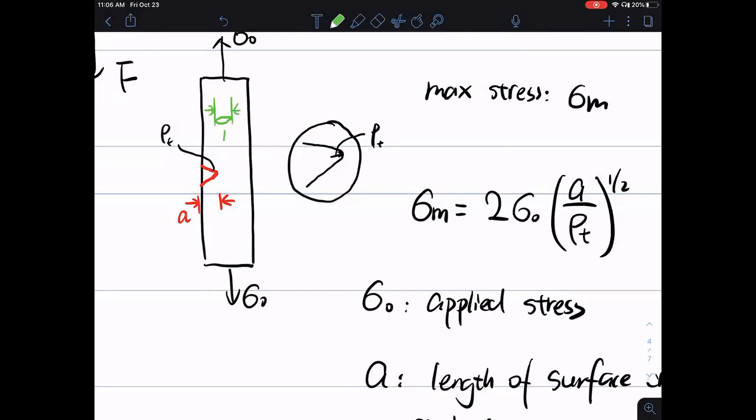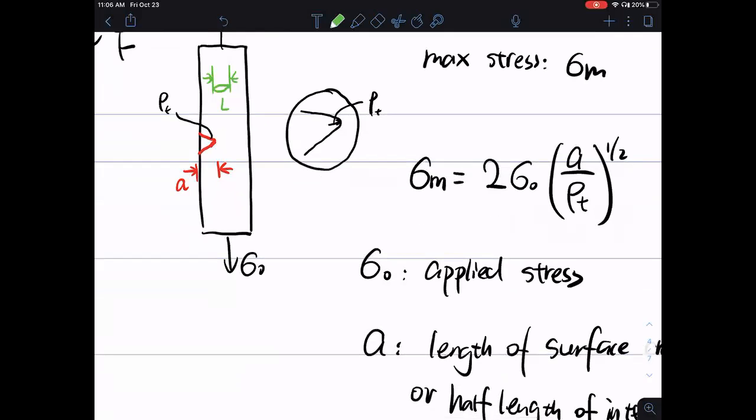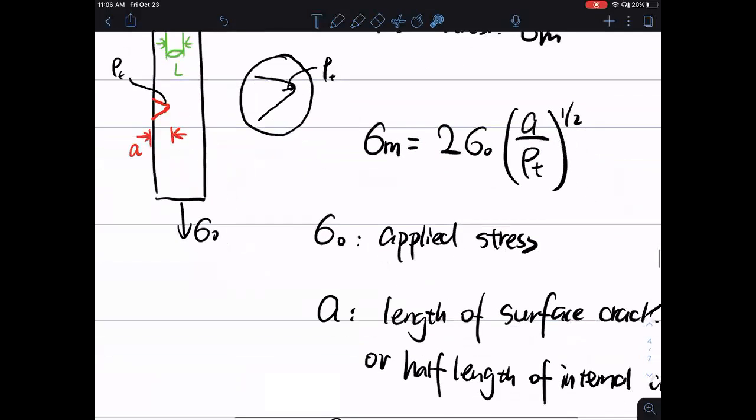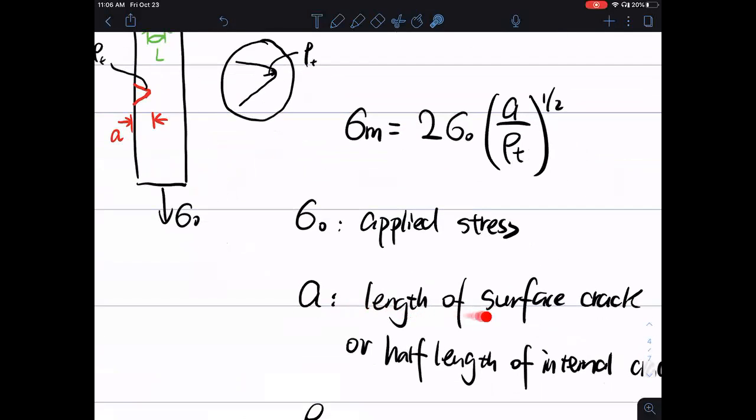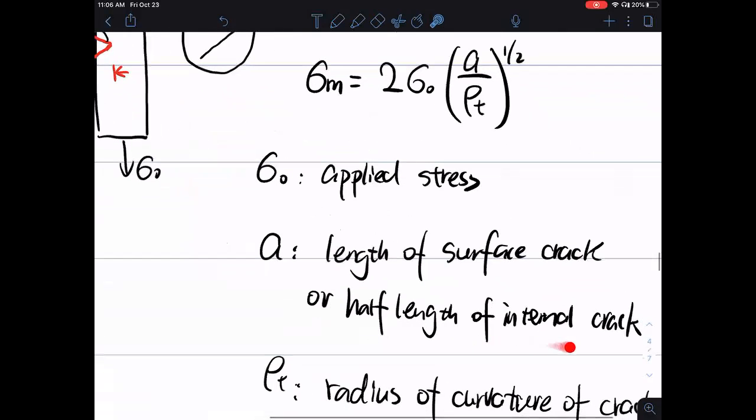If the total length of this internal crack is L, when we use this equation, that A equals half the L. So that's the difference. For A, when surface crack, just be the length of that crack. If it is internal crack, we're going to just take half the length. So notice the difference here.